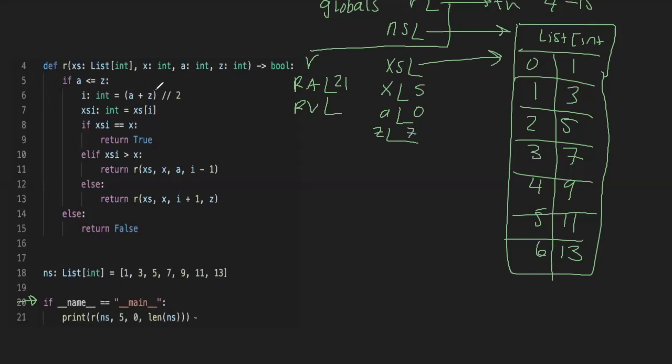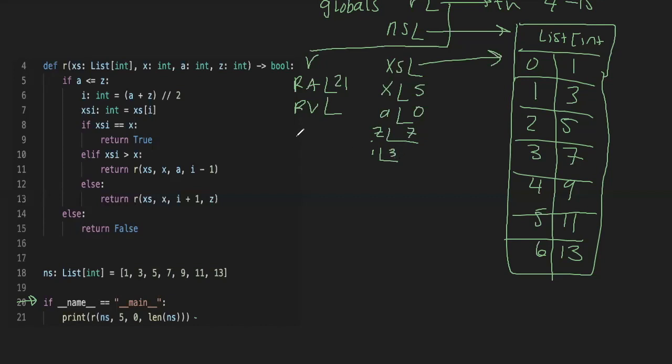So we say if A is less than or equal to Z, which it is, create a variable I that is equal to the floor of A plus Z over 2. Okay, so that's what this double slash means. So A plus Z is 7 and divided by 2, but drop the decimal is 3.